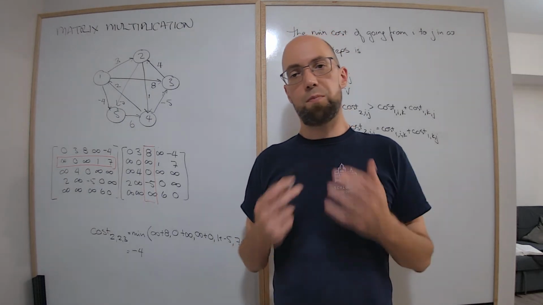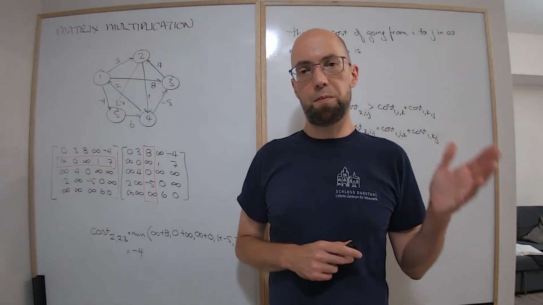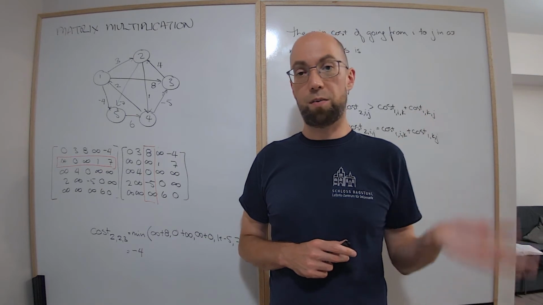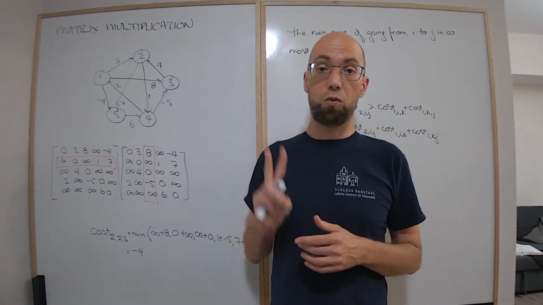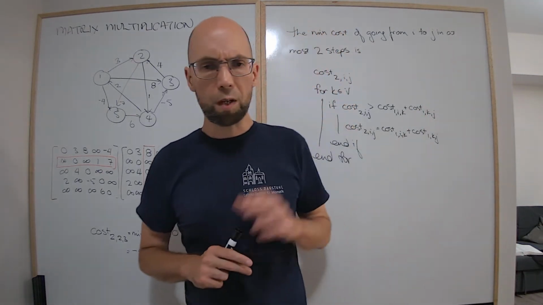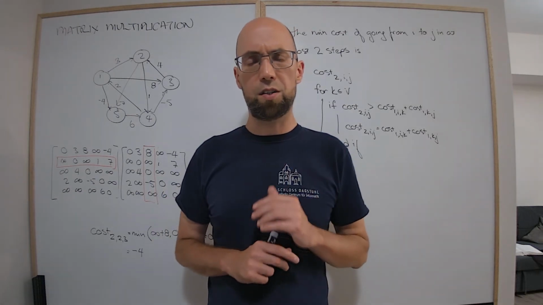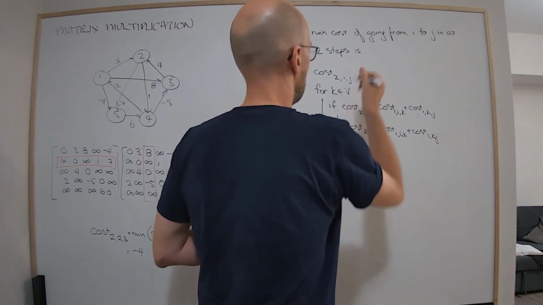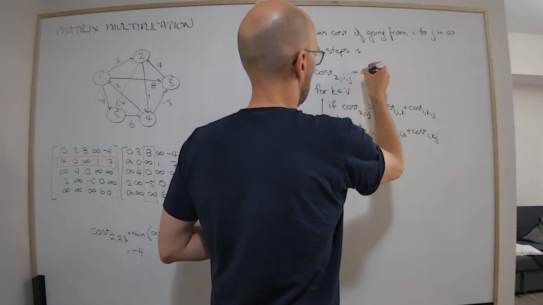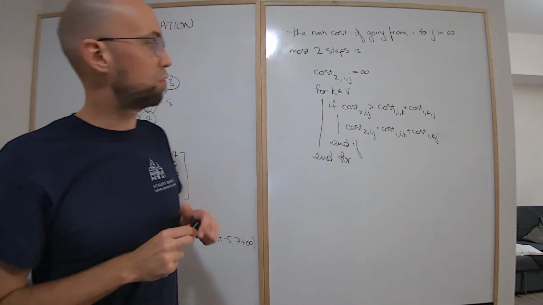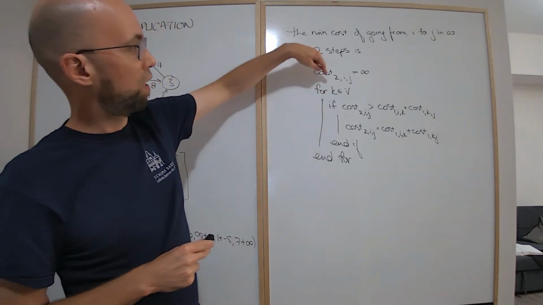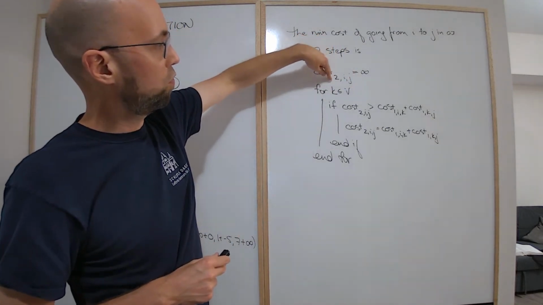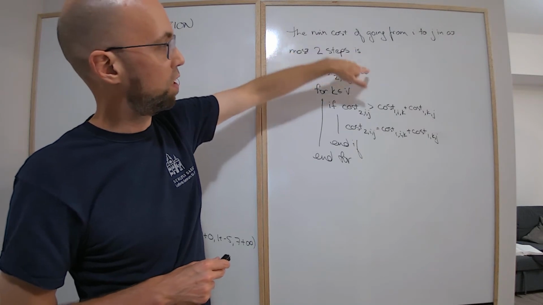So now, how do you compute the cost of going from some vertex i to some other vertex j in at most 2 steps? Well, let's suppose that we've picked i and j. What we could do is just do a little for loop and say, our estimate of the cost in at most two steps of going from i to j is infinite.